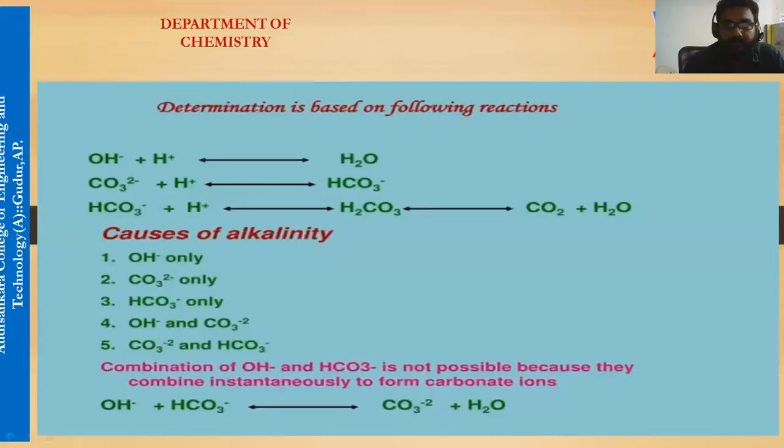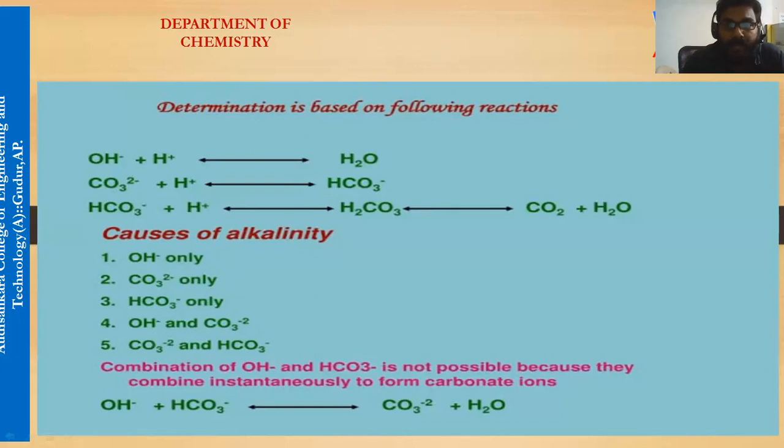The causes of alkalinity are OH minus; CO3 2 minus; HCO3 minus; OH minus and CO3 2 minus; and CO3 2 minus and HCO3 minus. These are the main causes of alkalinity in water.